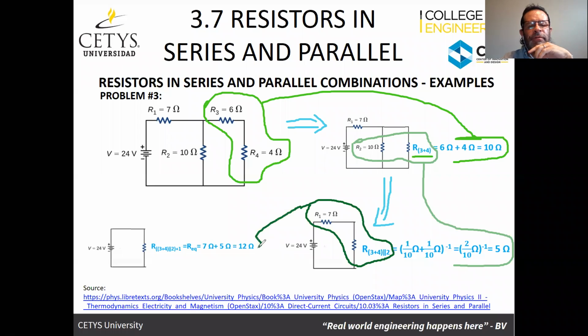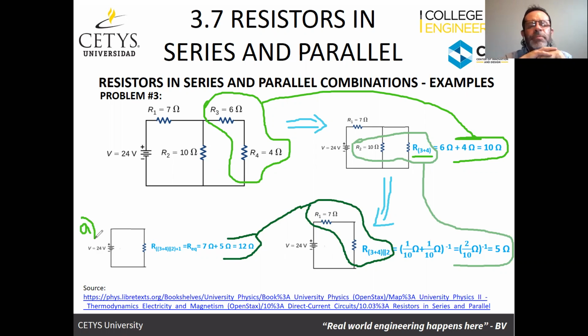From here, we're going to find the equivalent resistance, which is going to be the 7 ohms, which is R2, plus the one that we found from the parallel, which is 5. So the equivalent resistance is going to be 12 ohms. And that's the equivalent resistance we have for the whole circuit. So that's kind of how we reduced it. This is what they're asking us to do for part A.